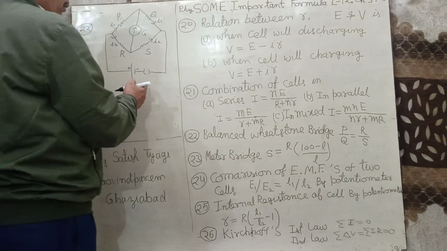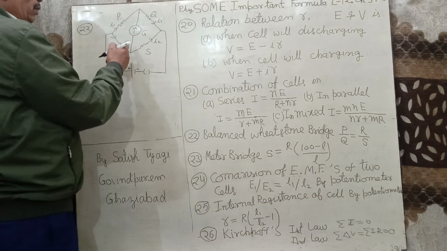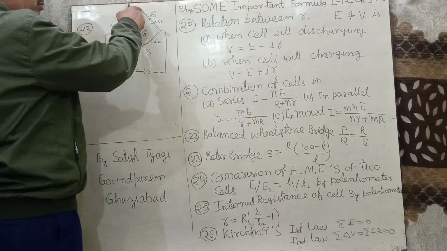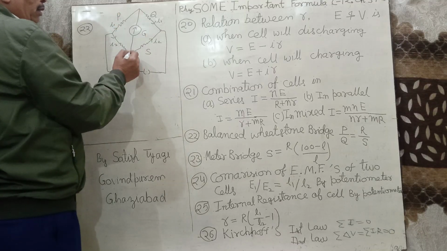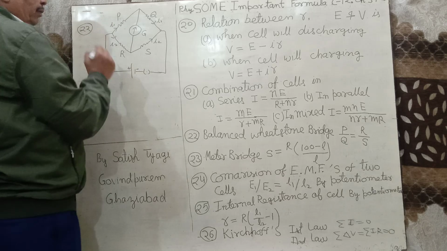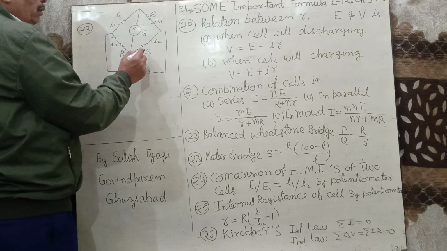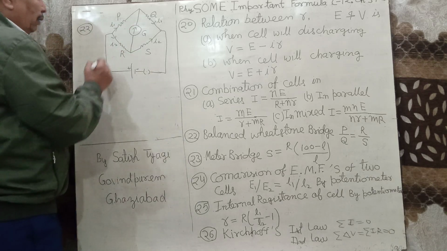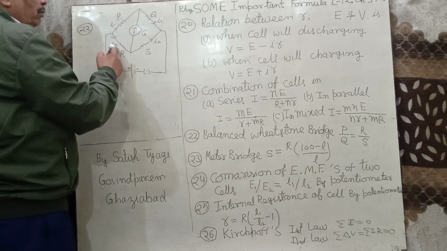In the balanced condition of the Wheatstone bridge, no current flows in this diagonal and the galvanometer deflection is 0. Then P upon Q equals R upon S.